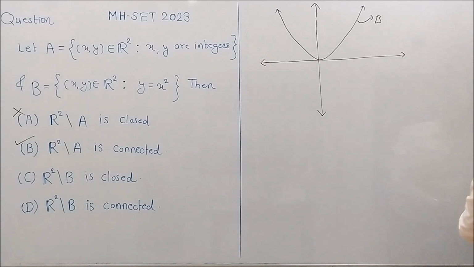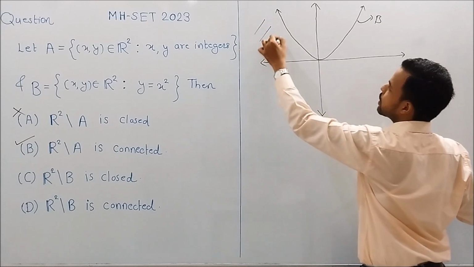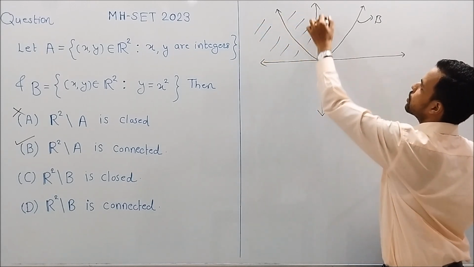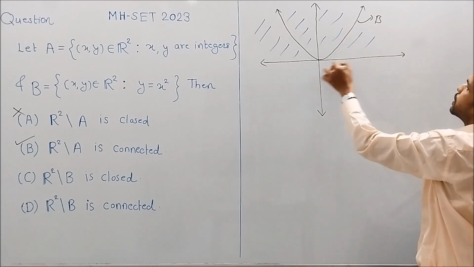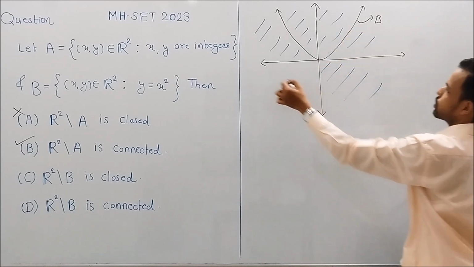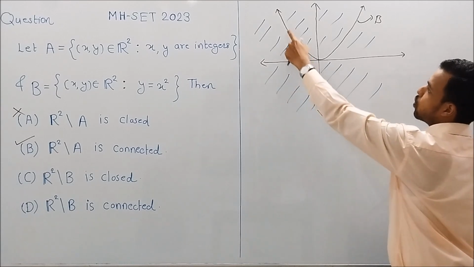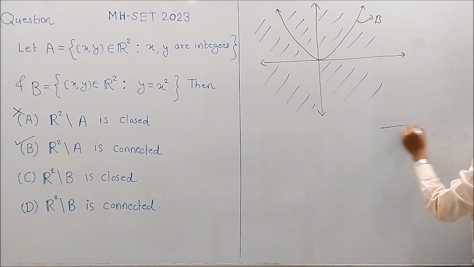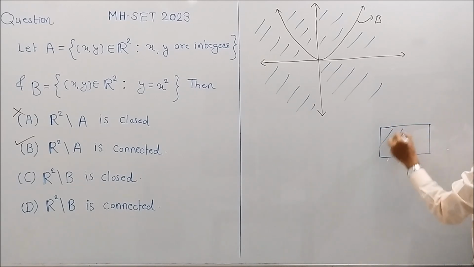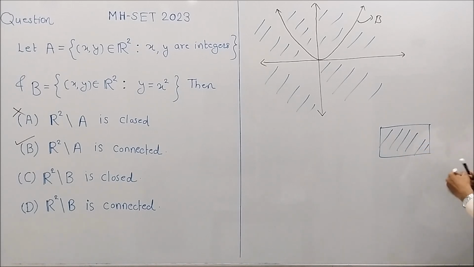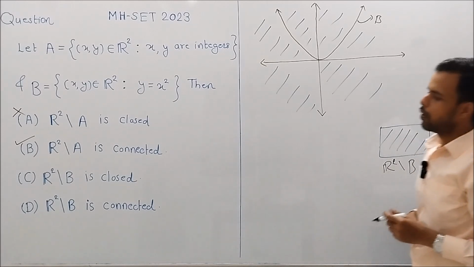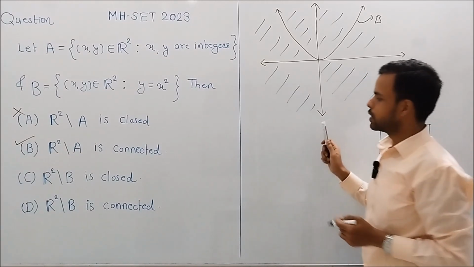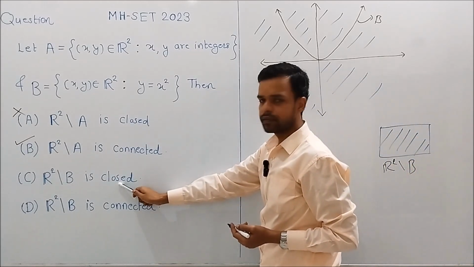R2 minus B is the set of points which lie in this shaded portion and which do not lie on this parabola. So this shaded portion is R2 minus B.